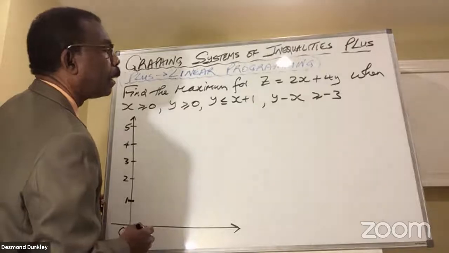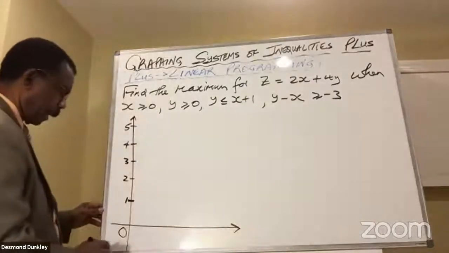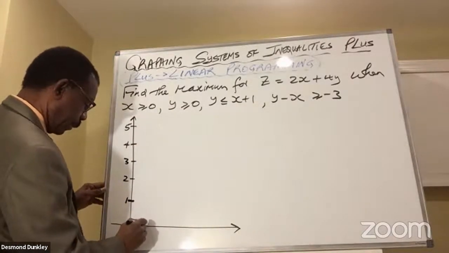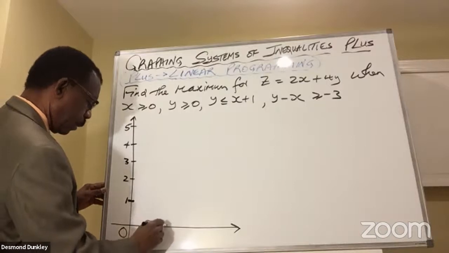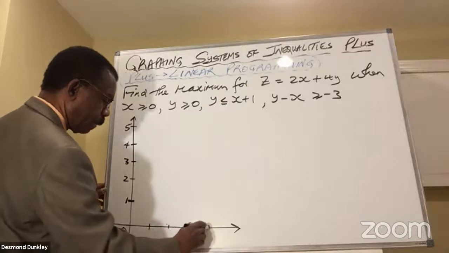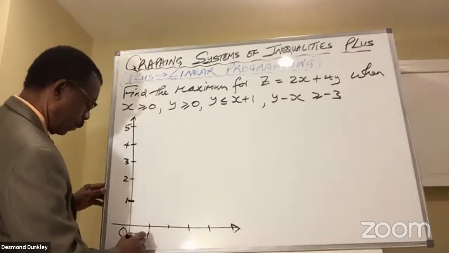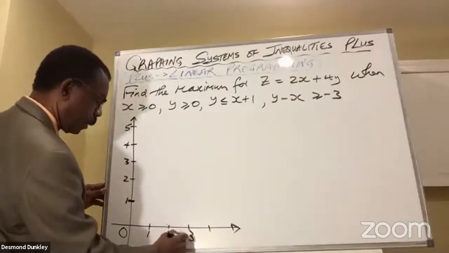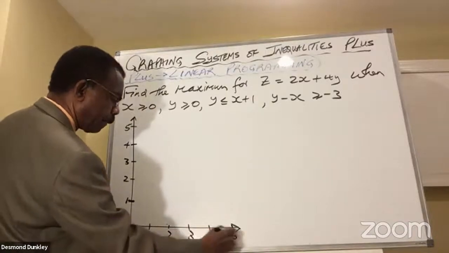I want to go to -3, but I'll have to do something else. So let's go. 1, 2, 3, 4, 5. 1, 2, 3, 4, 5.